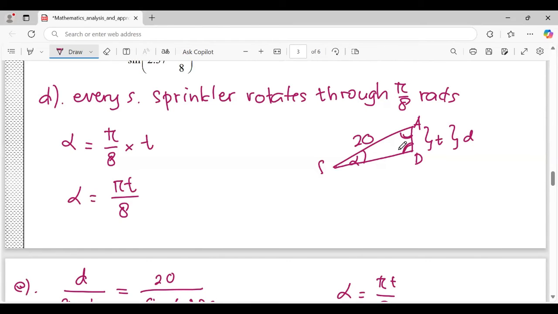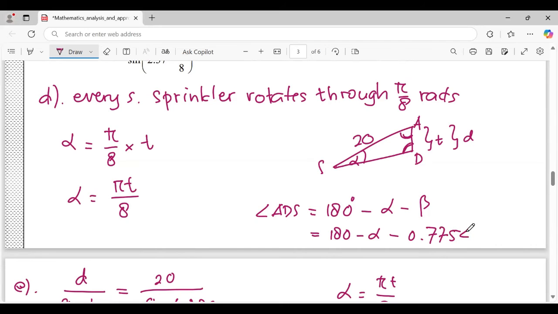I will write angle ADS equals 180 minus alpha minus beta, or 180 minus alpha minus 0.7754 according to this information.